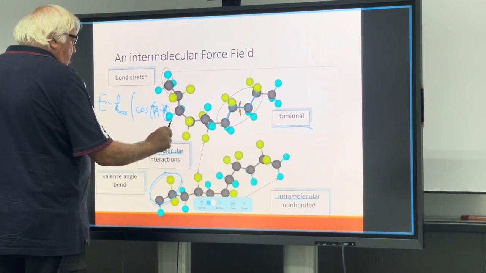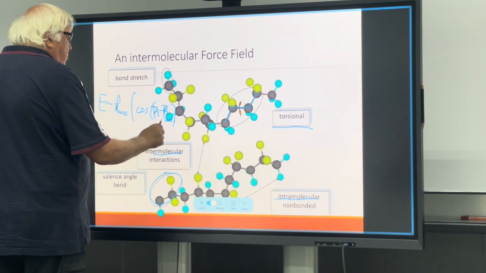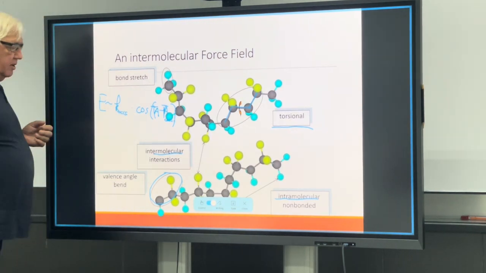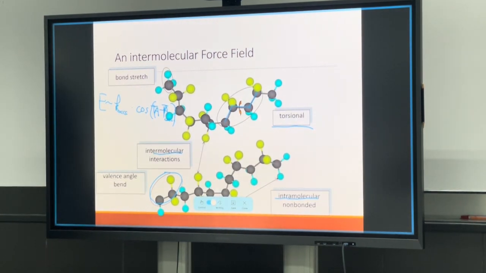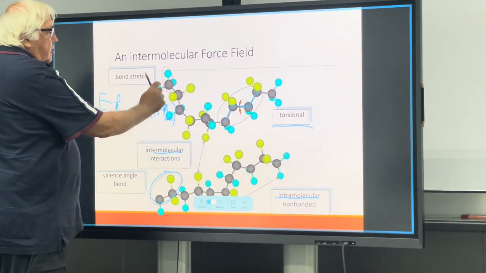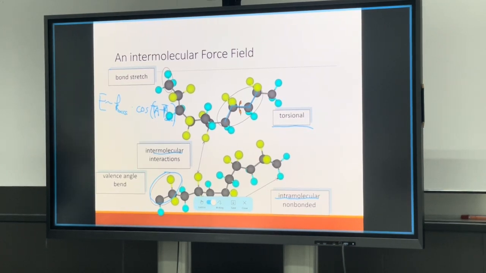And actually one could have some periodicity inside this cosine, which comes from the fact that sometimes you have not this 360 periodicity, but for example in a methyl group like here, you would have 120 degree periodicity, because if you rotate a methyl group by 120 degrees, the hydrogens are just replaced with each other, and the methyl group is indistinguishable from the original one. But we don't care so much about that now.